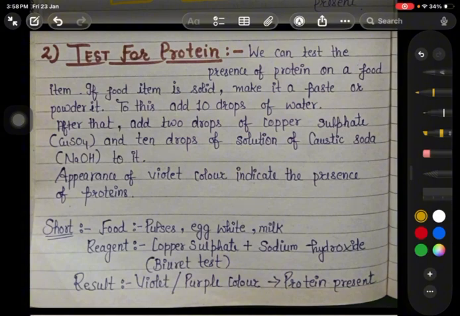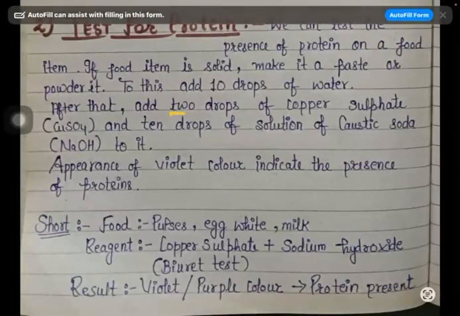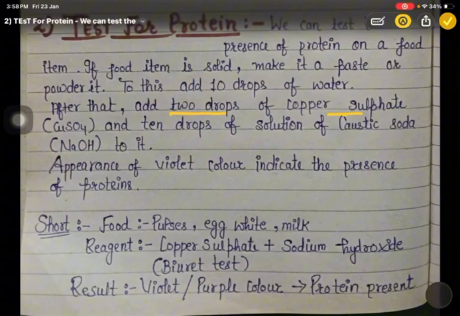After that you put 2 drops of copper sulfate solution. The formula of copper sulfate is CuSO4, and after that 10 drops of caustic soda, that is sodium hydroxide or NaOH. And after that, if the food item's color turns violet, then it means there is a presence of proteins.